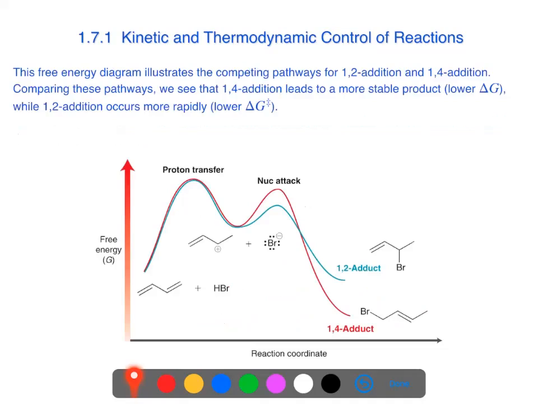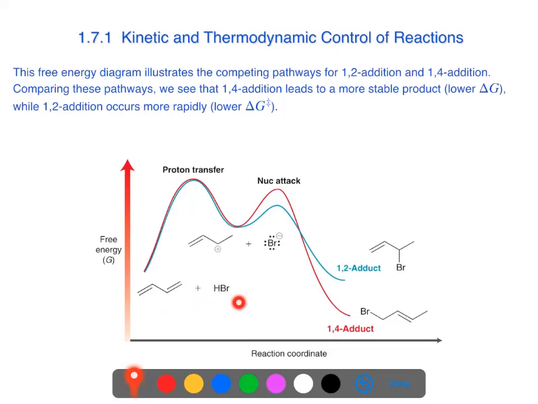Now, this free energy diagram helps to illustrate the competing pathways for what we call 1,2 and 1,4 addition. By comparing these pathways, we see that the 1,4 addition leads to a more stable product. That is, it has a lower delta G, while the 1,2 addition occurs more rapidly because it has a lower free energy of activation.